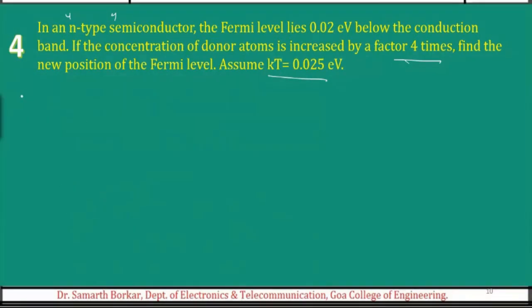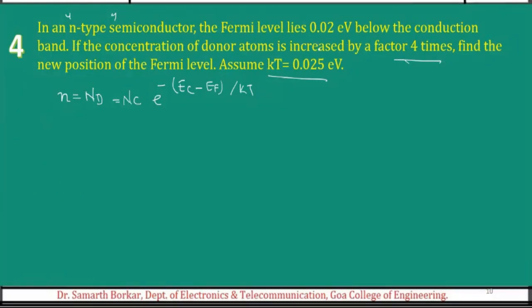So we have the equation N equals ND, which equals Nc e raised to, since it is an n-type semiconductor, Ec and Ef terms will be involved, Ec minus Ef by kT. So initially, there are two cases here.